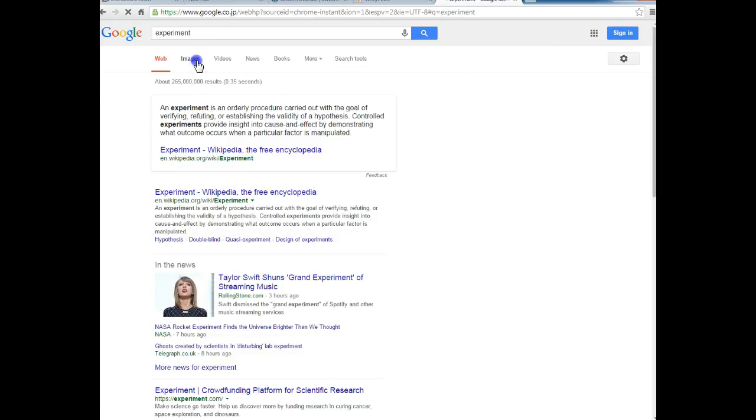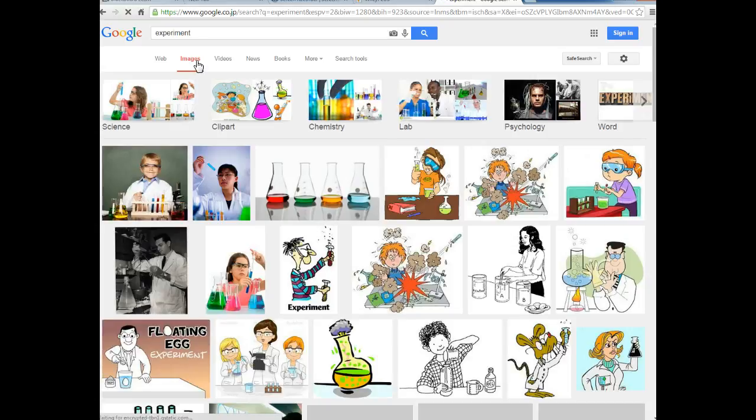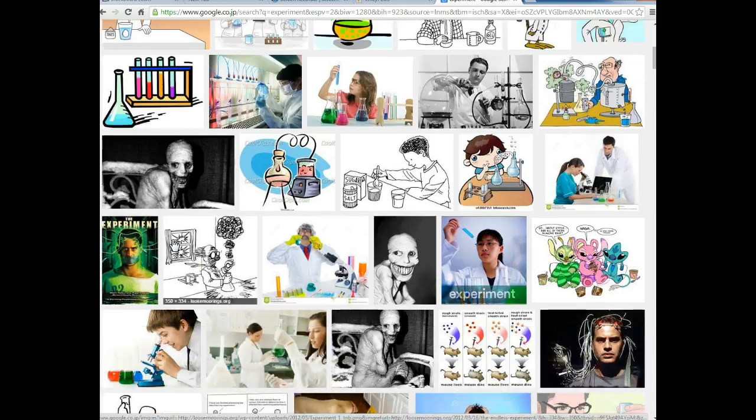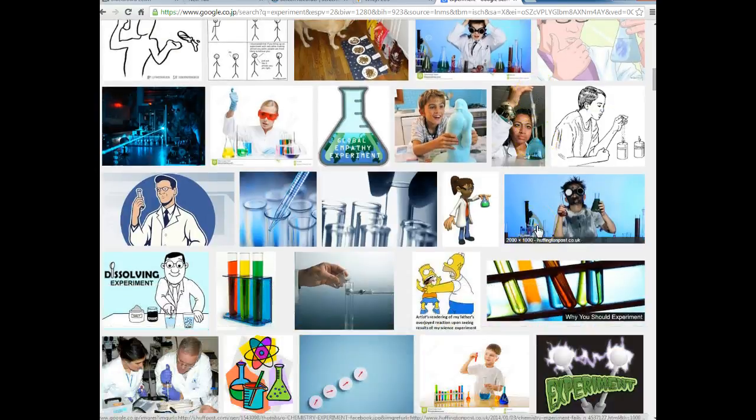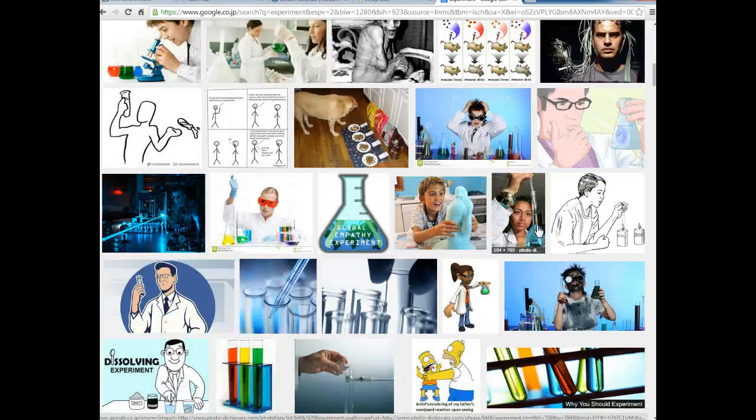Let's look at images and see what we get. Yeah, I think of something like this, or something like that. Or I think of pouring two chemicals together and getting some kind of explosion.